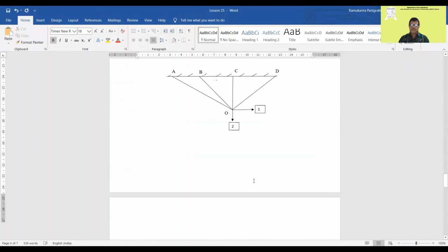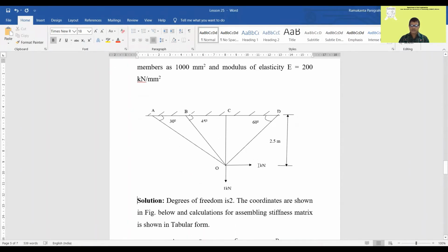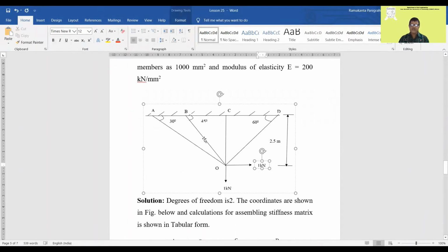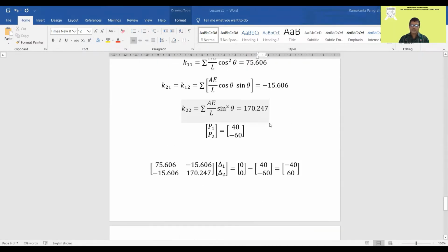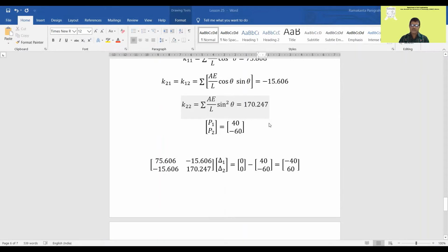The values are not listed here; this is 40 kilonewton and 60 kilonewton. So that's a page correction: 40 kilonewton and 60 kilonewton are applied. If you put other values, then accordingly you can also solve the problem.